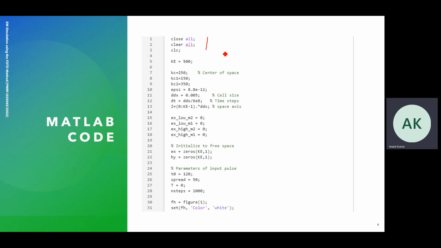The instructions tell MATLAB to close all the windows, clear the variables, and clear the command screen. Then we define the FDTD space, demarcating the center of the space as KC, with KC1 and KC2 being two other points where we will probably keep the sources.